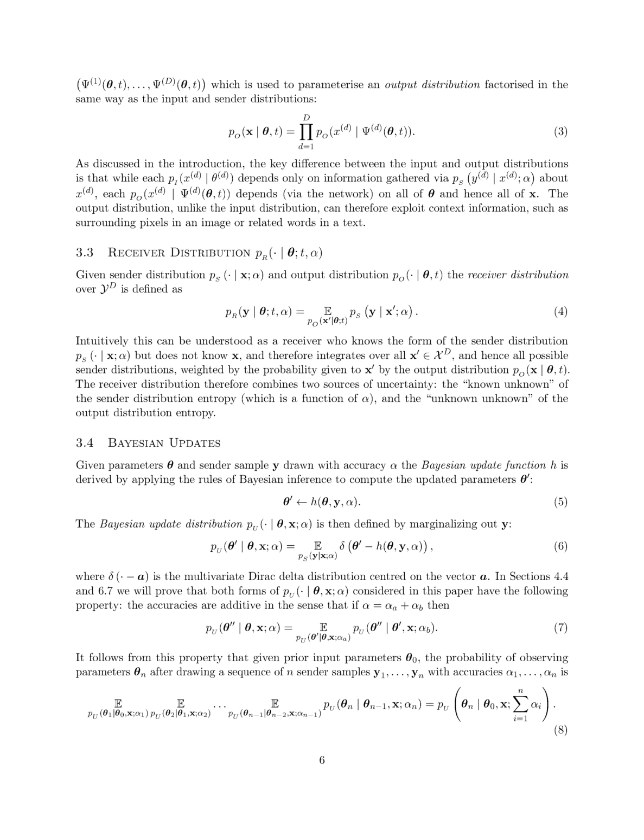The Bayesian update distribution, P_U(θ | x, α), is derived by marginalizing out the sender sample, y, and has the property that the accuracies are additive, meaning that the probability of observing θ after drawing a sequence of sender samples with accuracies α_1, α_2, ..., α_n is equal to the probability of observing θ after drawing a single sender sample with accuracy equal to the sum of α_1, α_2, ..., α_n.